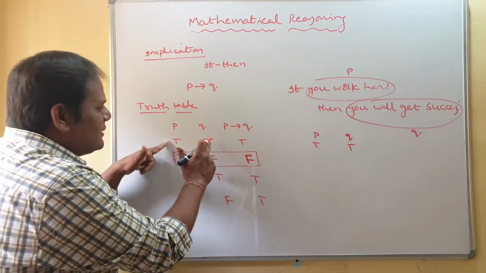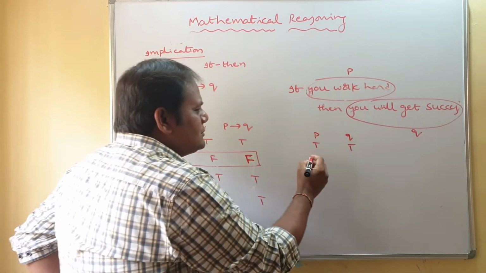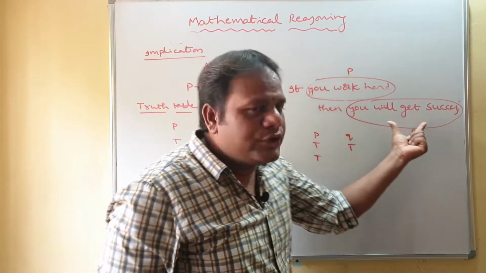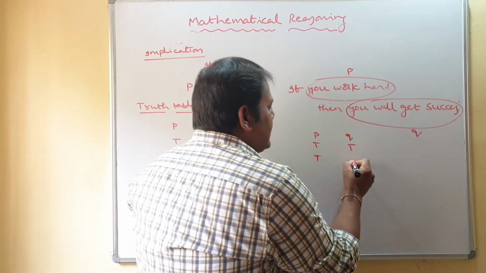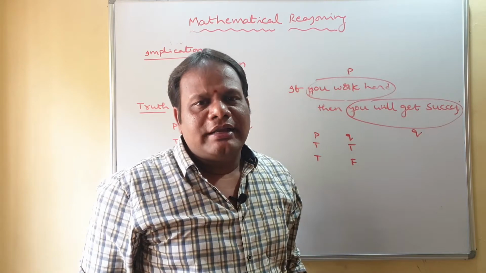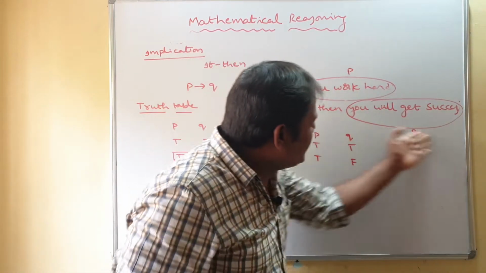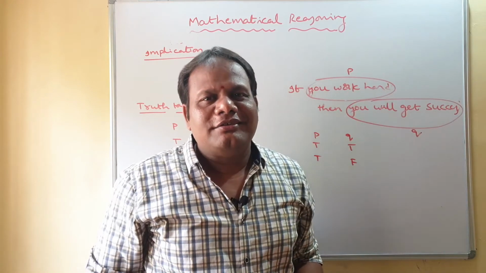So TT is what? T. Don't confuse. Suppose P happens, Q does not happen. Q does not happen means it is false. So he works hard, but he doesn't get success. So what is this statement saying? If you work hard, then you get success.